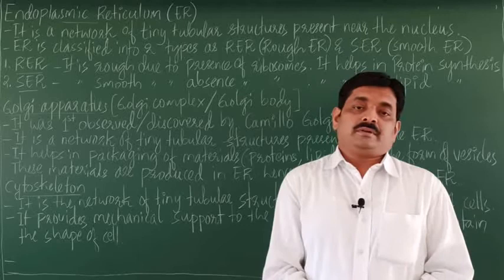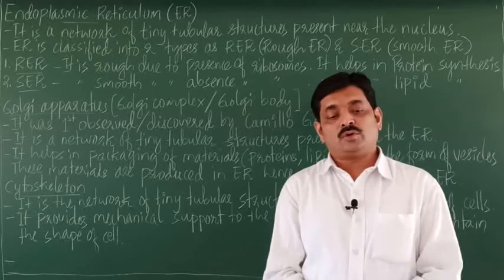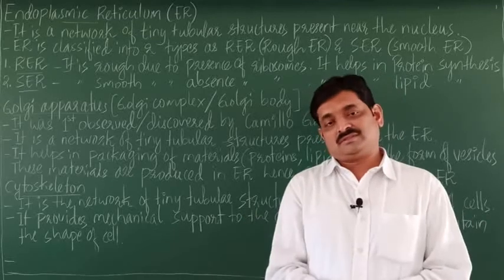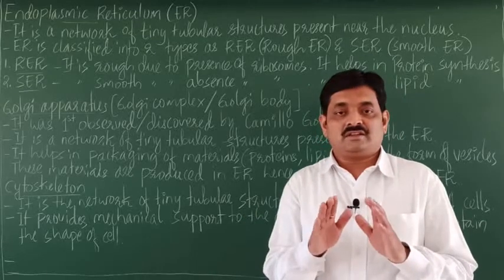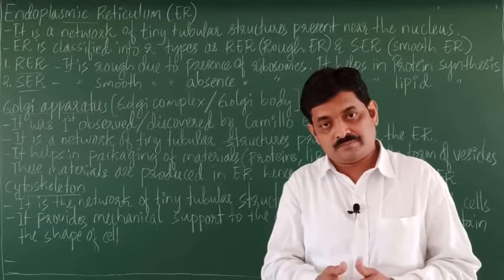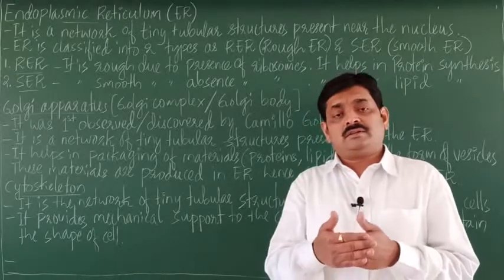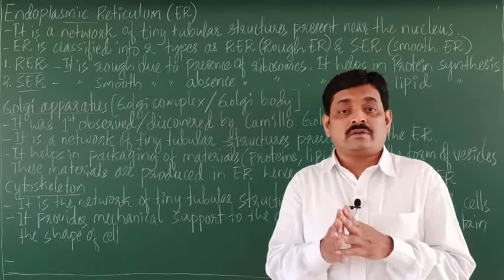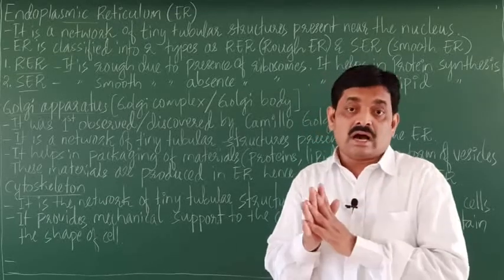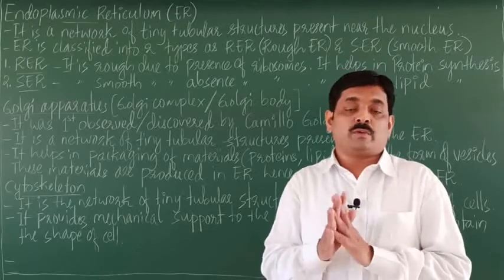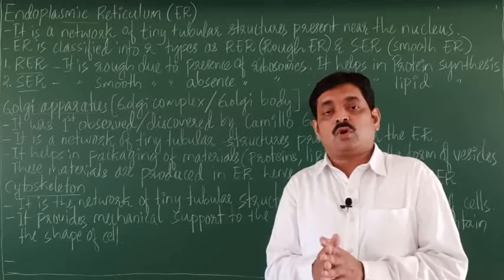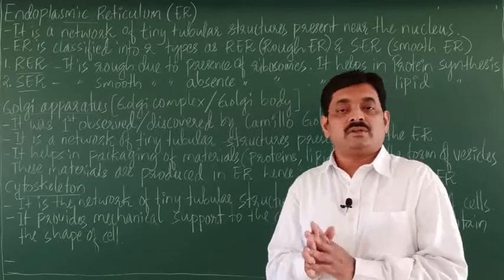The other type is the smooth endoplasmic reticulum. Now why is it called smooth? Because here these particles, the ribosomes, are absent. So when ribosomes are absent on ER, it is called smooth endoplasmic reticulum.